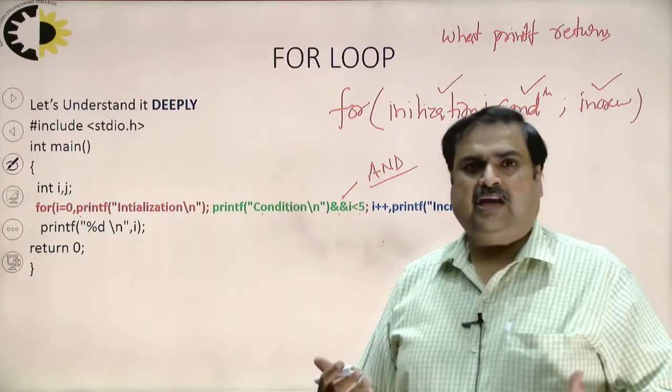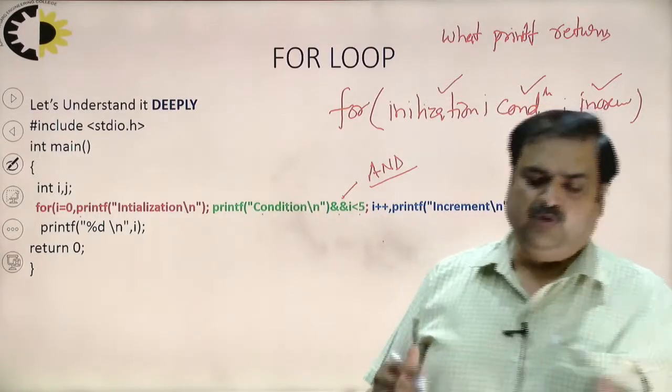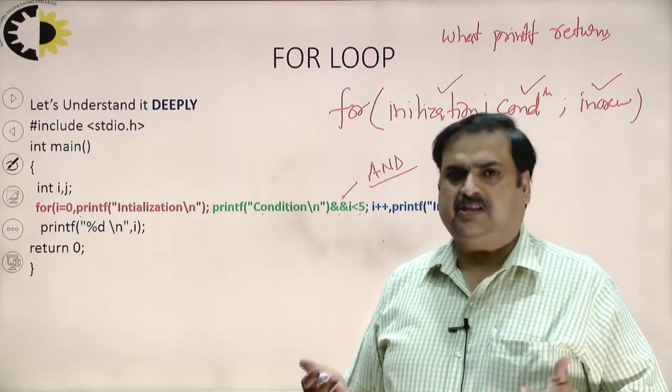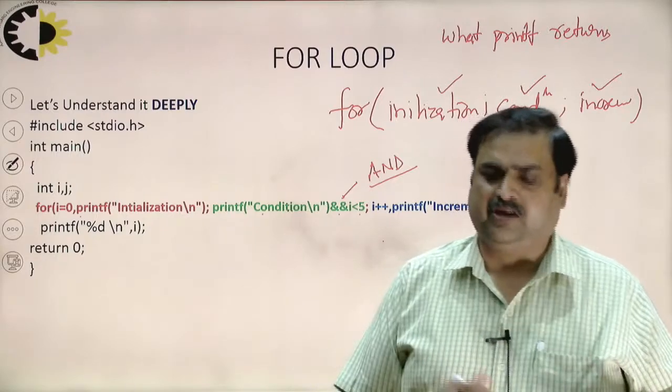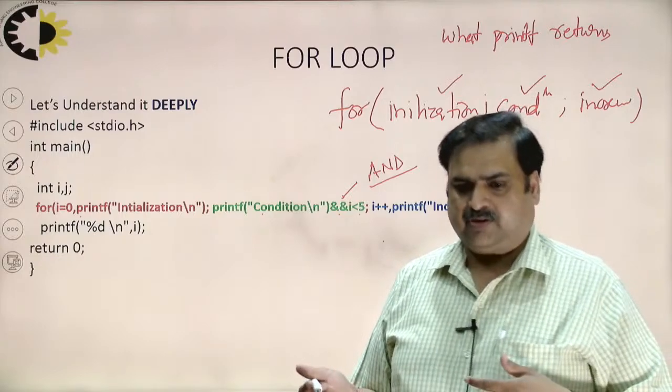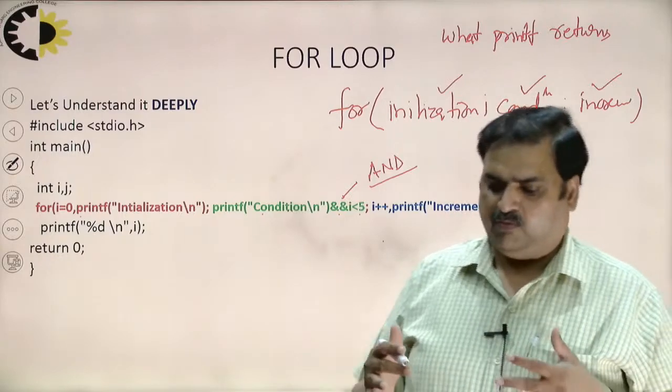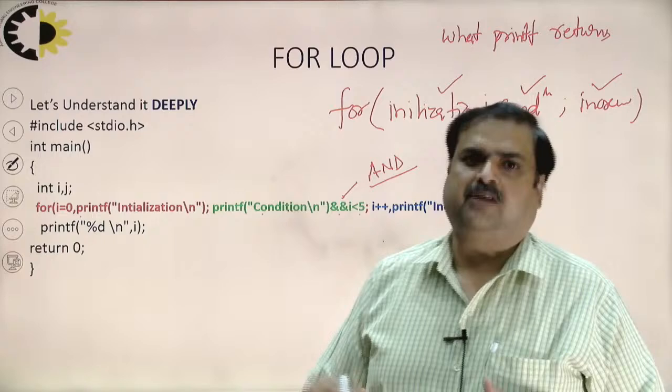The C language does not have Boolean kind of data types. That means there is no data type like true and false. So can you tell me what refers to true and what refers to false?